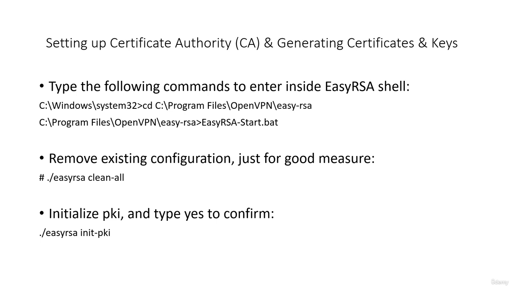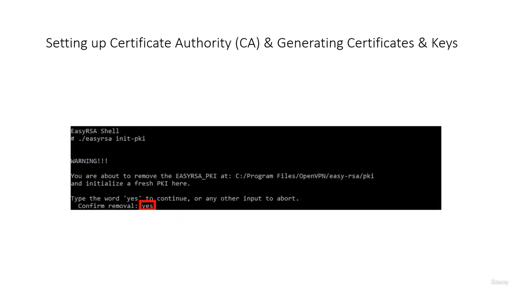After that we remove the existing configuration just for good measure. Simply type this inside your command prompt, and then we need to initialize the PKI, and the command prompt will ask you to confirm. As you can see, after typing the previous two commands it will look like this, and then type yes.